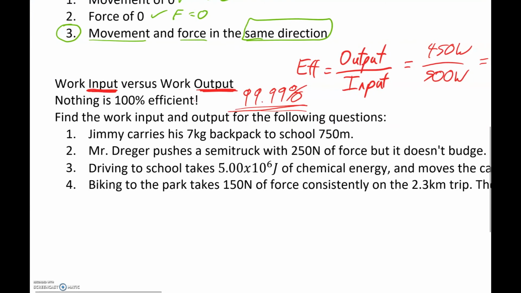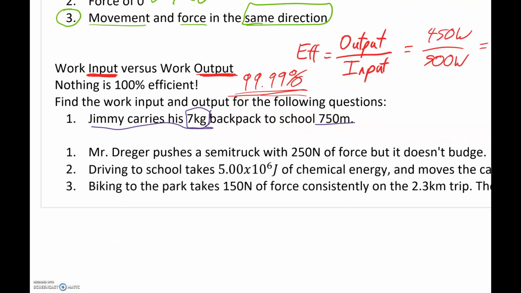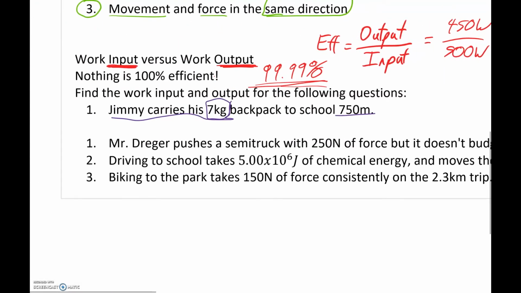All right, so let's take a look at these couple questions and see if we can answer them here. Find the work input and output for the following situations. Jimmy carries his 7-kilogram backpack to school 750 meters. Jimmy, unfortunately, buddy, you have not done any work, because you're carrying your backpack.